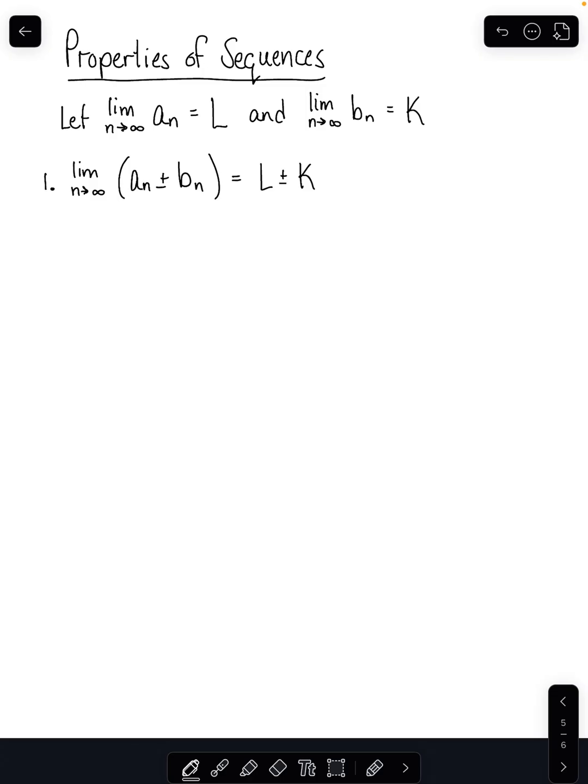And this is easily extended to subtraction, as we know from dealing with properties of limits and derivatives and integrals. When something applies to addition, it very easily is shown to apply to subtraction. So the idea is that if we're taking terms that are finite in value and adding them together, then their sum is finite in value, and therefore it should approach the sum of the convergent values of the sequences.